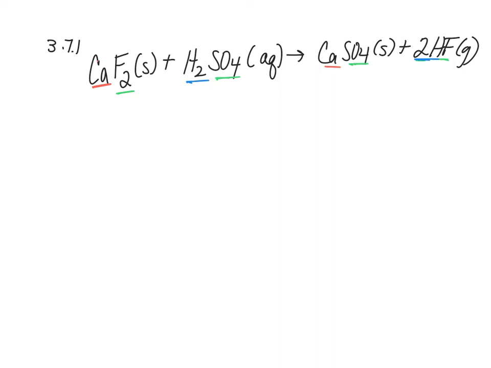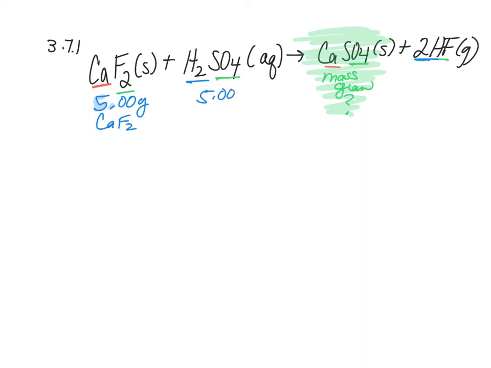Now it says, what is the mass, so that's in grams, of calcium sulfate? So this is our question. And what's our given? Produced, according to the given equation, when 5 grams of each reagent is combined. So 5.00 grams of calcium fluoride and 5.00 grams of sulfuric acid.